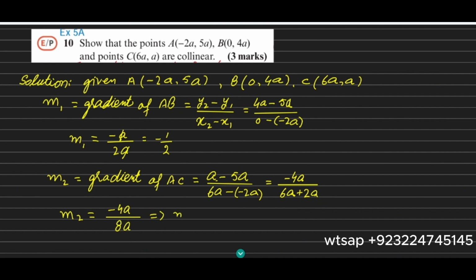So m2 equals minus 4a by 8a, and when we cancel we get minus 1 by 2.